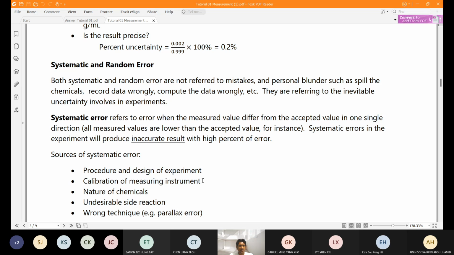And inconsistent observation techniques, parallax error. Can you tell me what is the parallax error? Anyone wants to chip in? What is the parallax error?